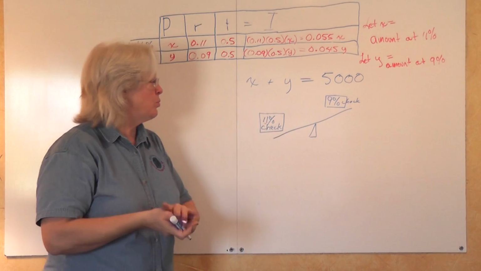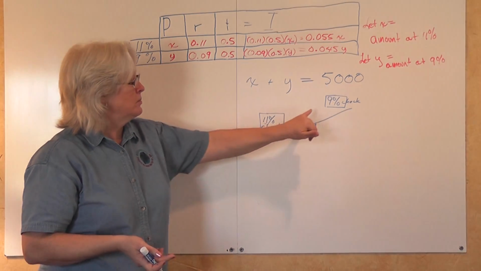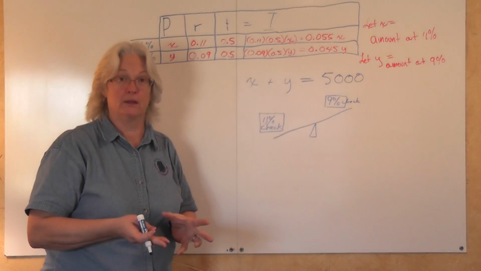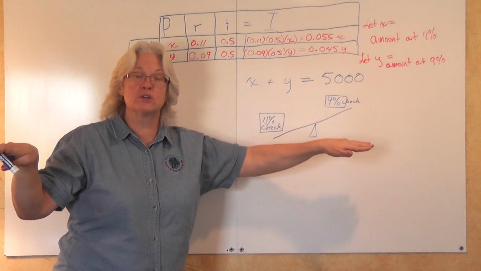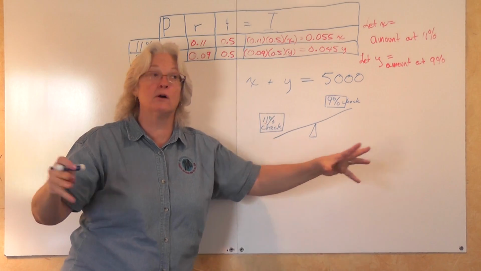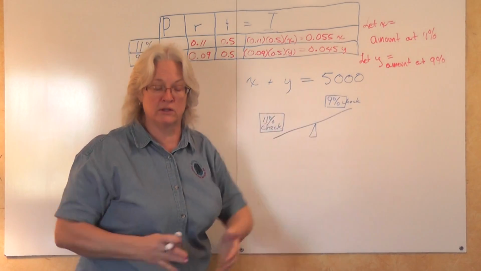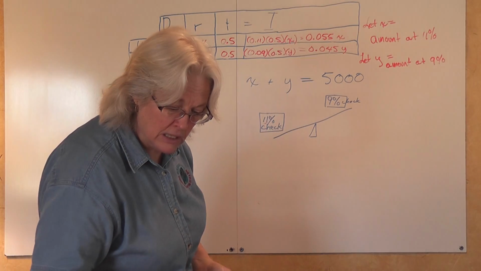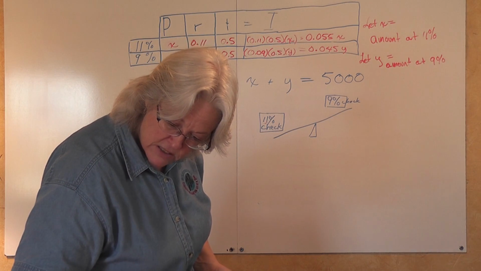So we're going to have to see what we can do with these two expressions so that they are balanced, so that we can come up with an equation that's equal that we can use to solve for our unknown quantities. So let's go back and take another look and see what our text tells us.